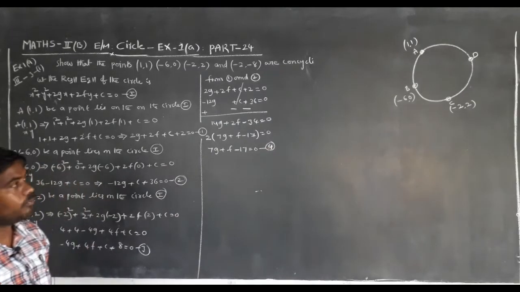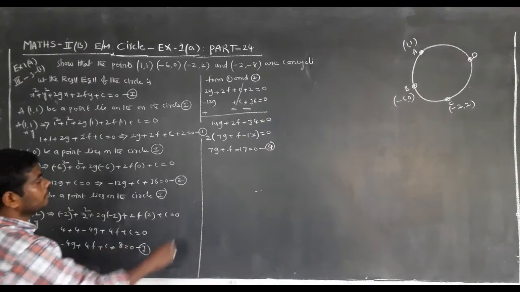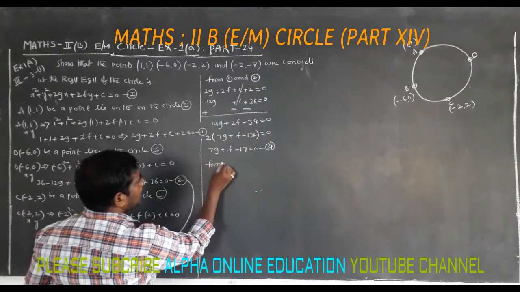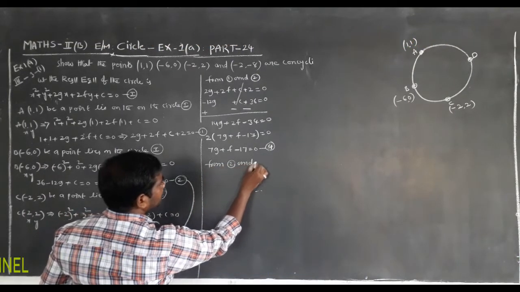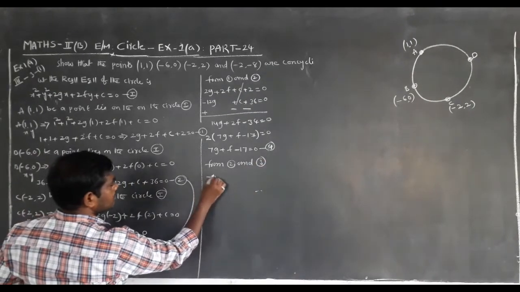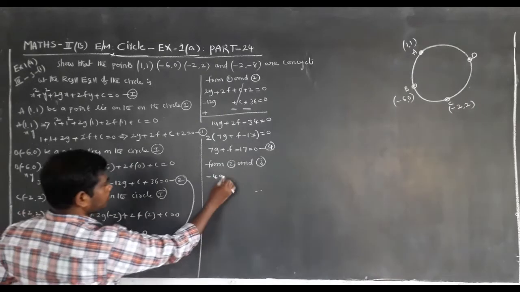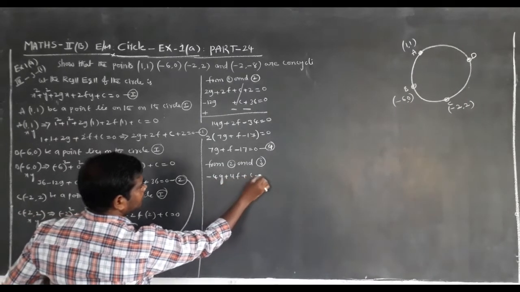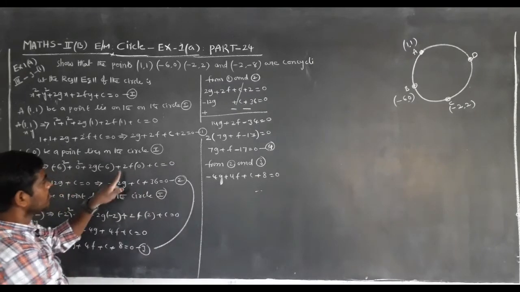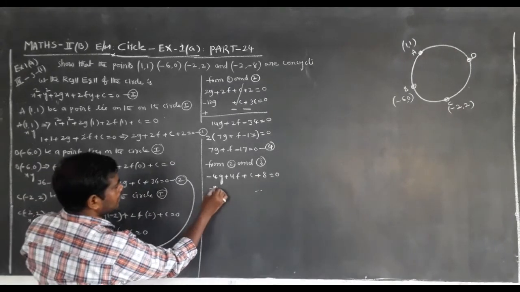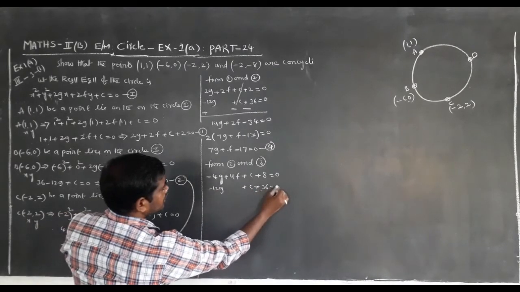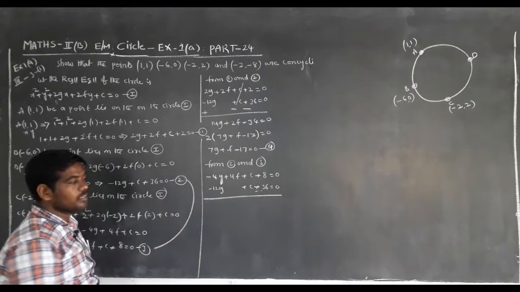Condition number 4. Again solving 2 and 3. Third one is minus 4g plus 4f plus c plus 8 is equal to 0. Second one is minus 12g plus c plus 36 is equal to 0.